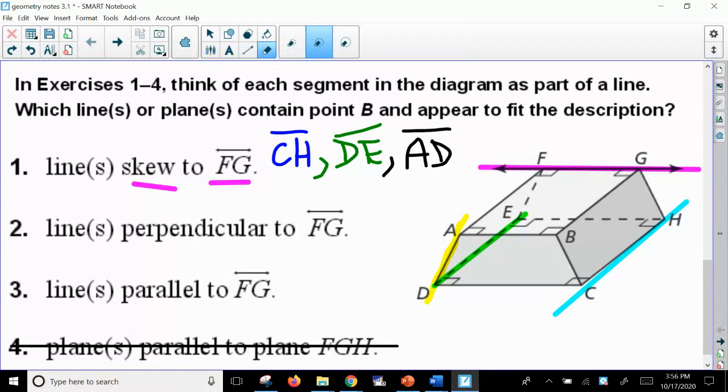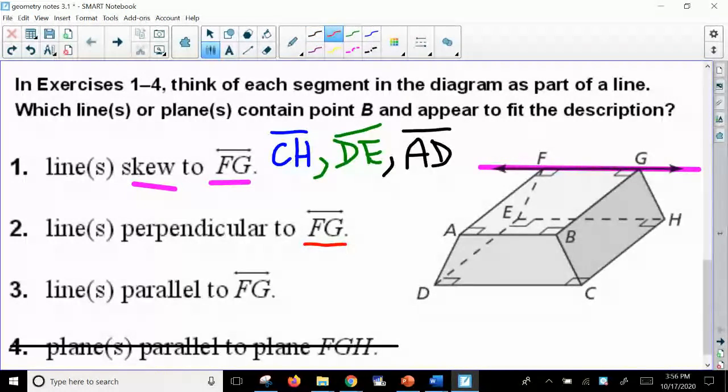Perpendicular lines. So let me erase this. Perpendicular lines have to meet and make a right angle. So they got to touch each other. Any line perpendicular to FG has to touch FG at a right angle. So in the diagram, I'm looking at the squares.